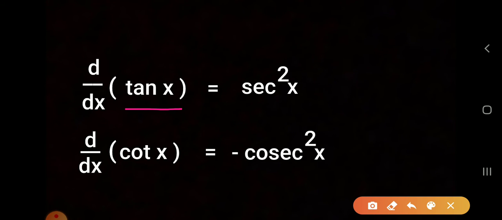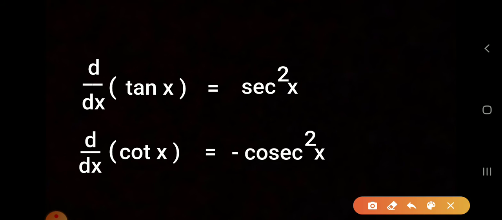And what about tan x? It does not start with C, so it is just secant square x. The derivative of tan x equals secant square x, and the derivative of cot x, again starting with the letter C, so you should keep minus: minus cosecant square x.